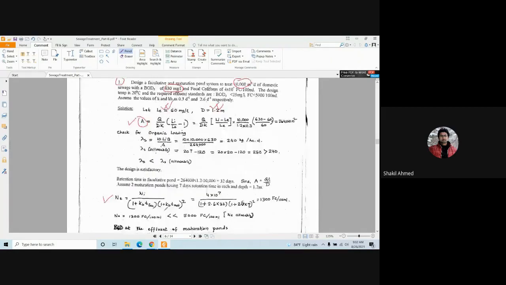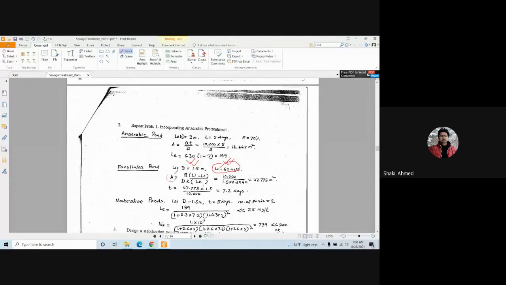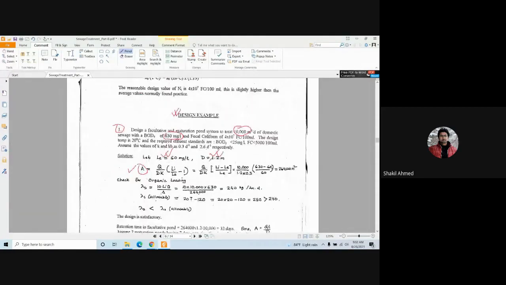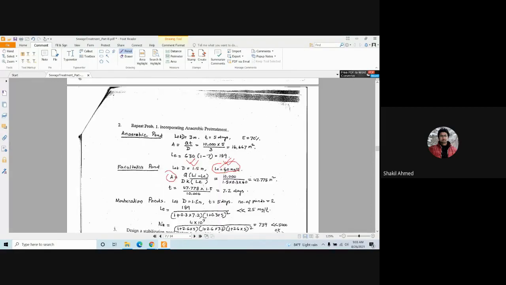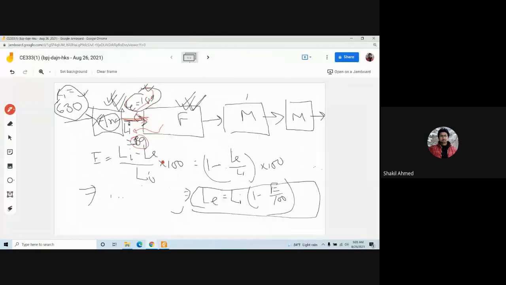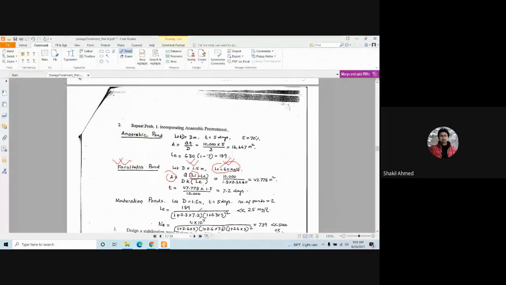So we can calculate our surface area using this formula, right? Where Li is what, guys? For the facultative pond, Li will be 189. Then Le, I have assumed it is 60.